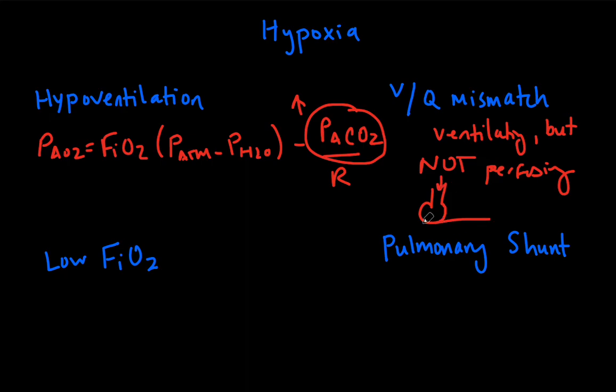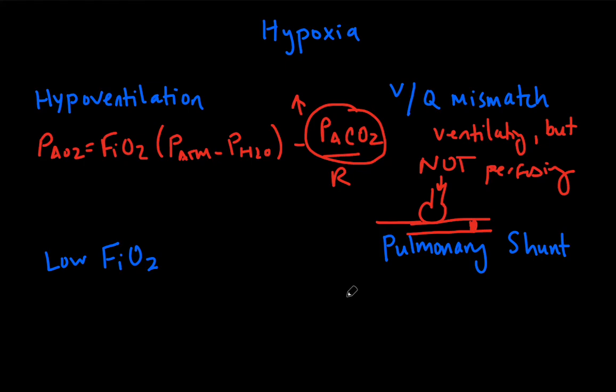But if this is the vasculature, for some reason, you are not perfusing. So you have some sort of blockage here, like a pulmonary embolus, for example. You're able to get air in, but you're not able to have blood pick up that oxygen. So this results in decreased oxygen in the saturation and will ultimately lead to, or can lead to, hypoxemia.